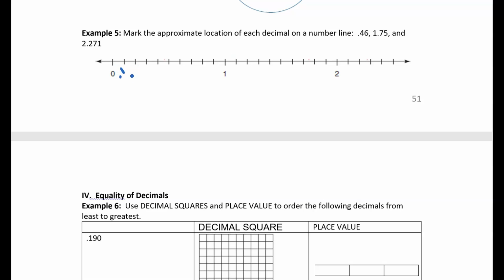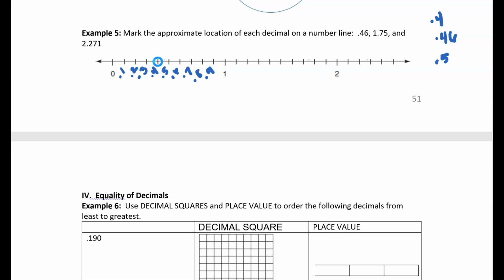So this is 0.1, 0.2, 0.3, 0.4, 0.5, 0.6, 0.7, 0.8, 0.9, and there you go. There's the 1.0.